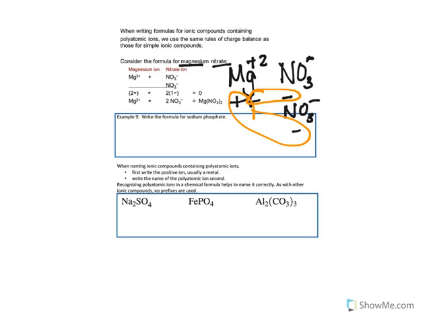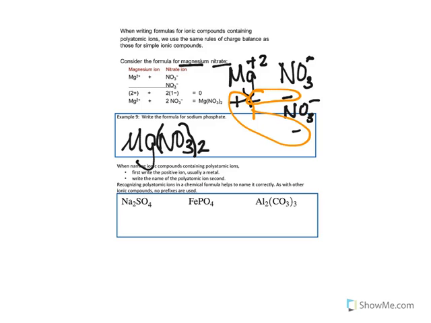When we write the formula for this, MgNO3, we need to indicate that there are 2 nitrates. However, if I simply write the 2 here, what does that look like? Well, to me, that looks like 32 oxygens, not 2 nitrates. The simple way to solve this is to put parentheses around your polyatomic ion.